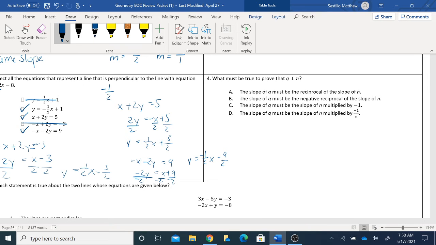So reciprocal just means opposite. These are reciprocals. That's not enough info. I think this one works. Negative means opposite. The slope of n multiplied by -1. So if I have a slope of 2/1, if I multiply that by -1, that'd be -2/1. We would flip it though.